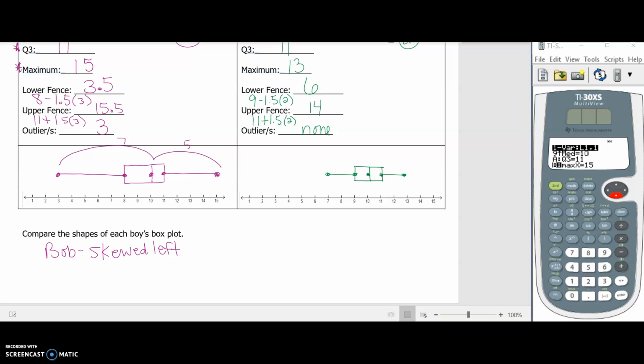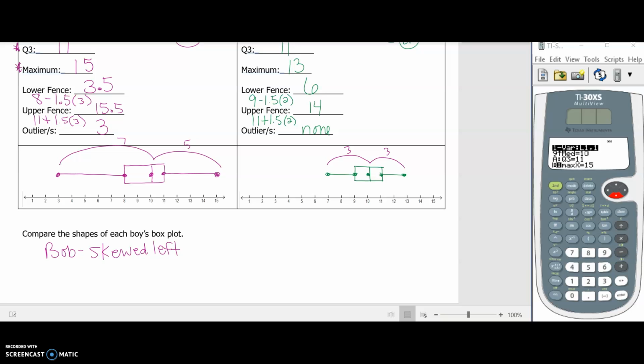Now let's look at Tanner's. From the median to the maximum, we have a difference of 3. And from the minimum to the median, we have a difference of also 3.